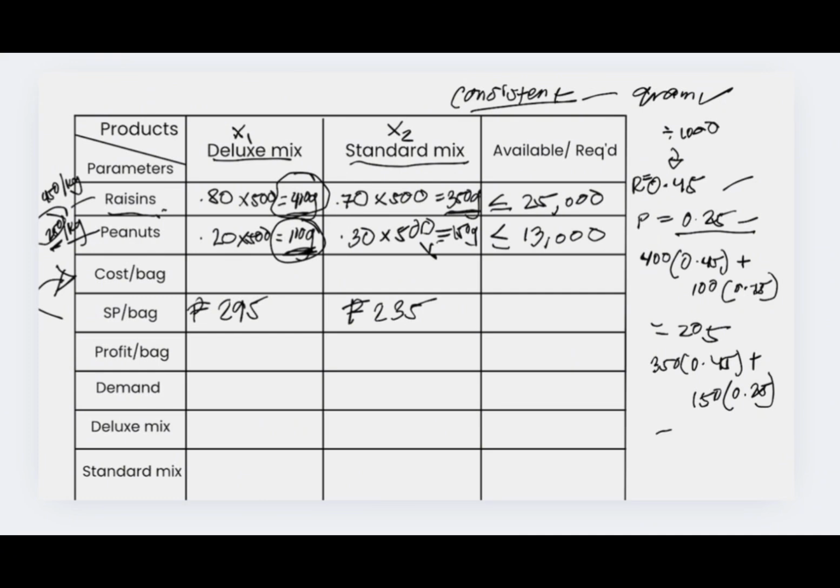So that would be 350 times 0.45 plus 150 times 0.25, which is 195.